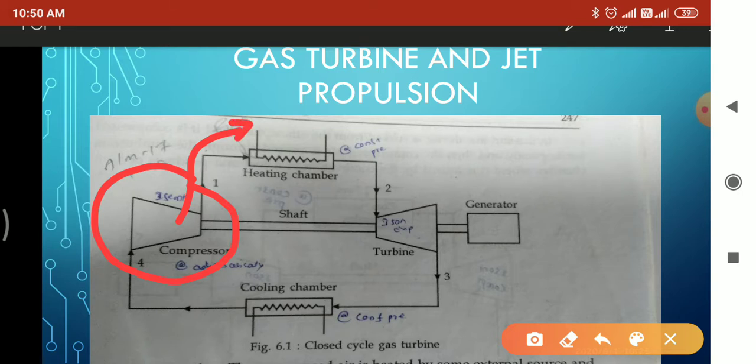In this, by keeping pressure constant, the gas is heated from T2 to T3, by using an external source.